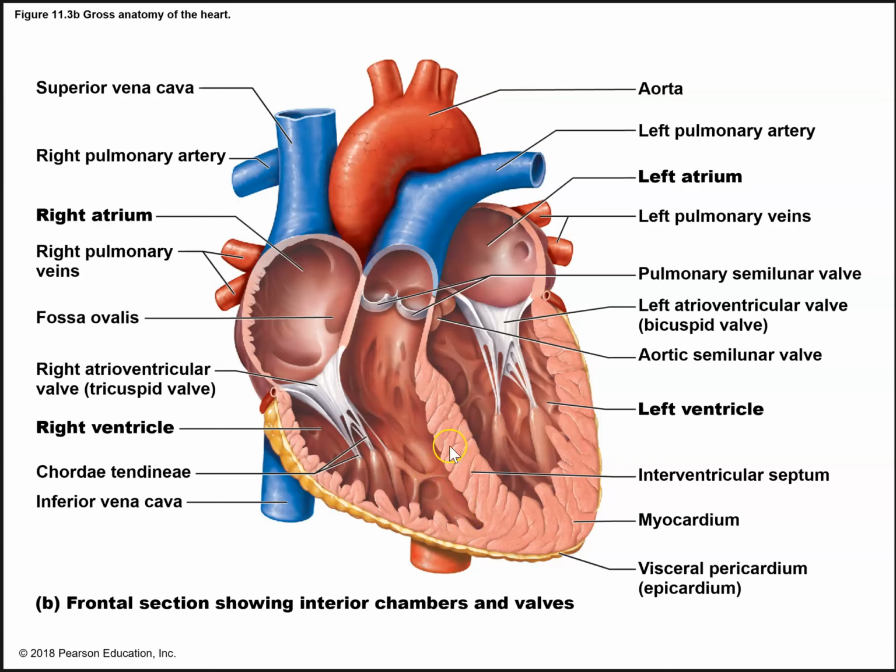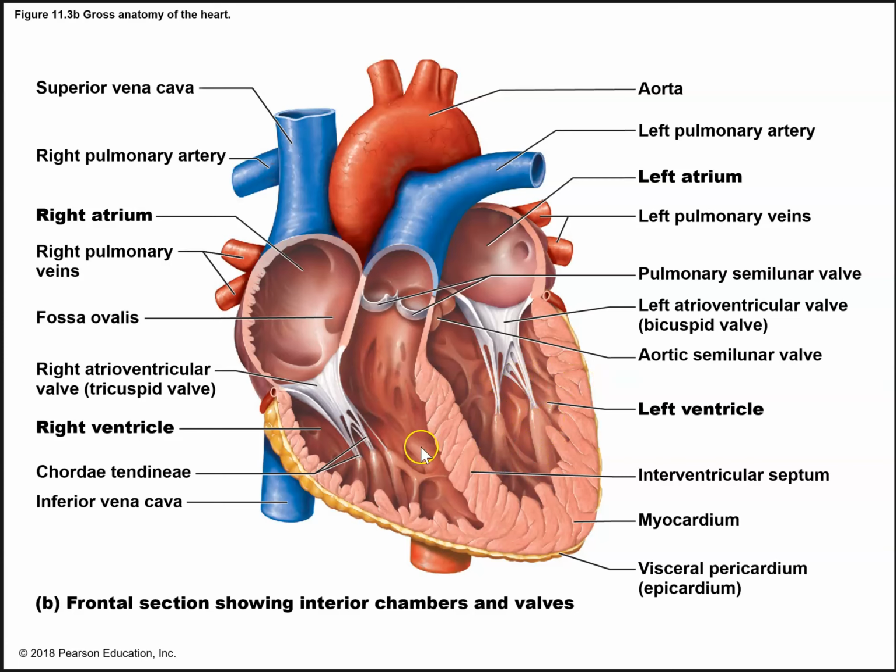A septum is basically a physical extension of the myocardium, and normally in an adult heart, the interventricular septum is really thick. The name suggests it is in between the ventricles. The interventricular septum divides the left ventricle from the right ventricle.